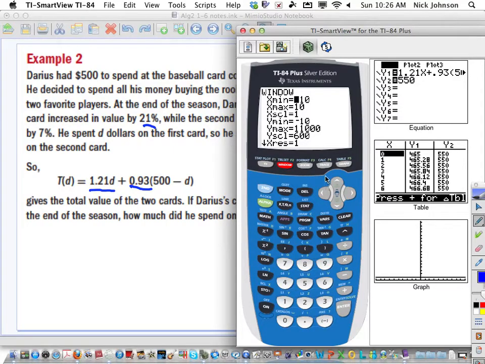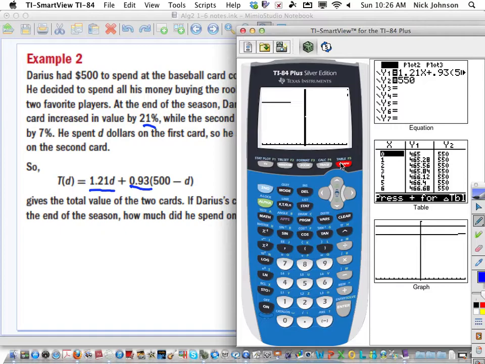Okay. Oops, I changed my Y scale. Sorry. I want to change my Y max to 600. We can have that go up by 10 again.